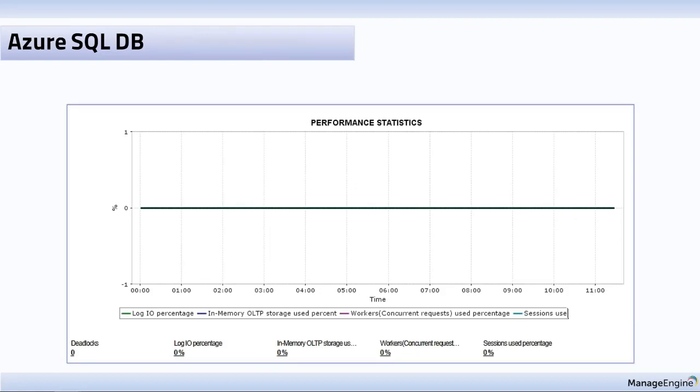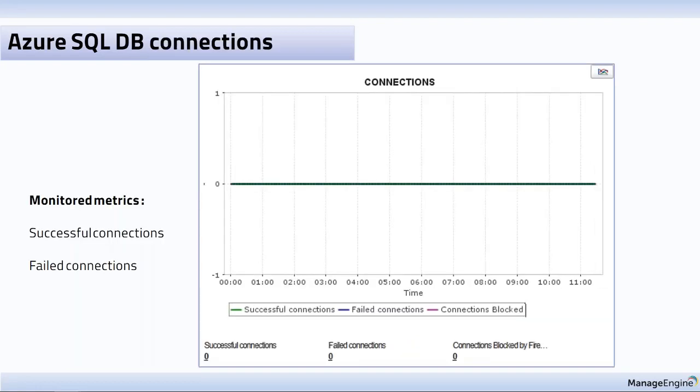And these metrics are identified over a graph where we monitor the OLTP storage usage %, followed by the number of concurrent requests and the active sessions which are currently being used, followed by the number of database connections, be it a secure connection, successful connection, or a failed connection.